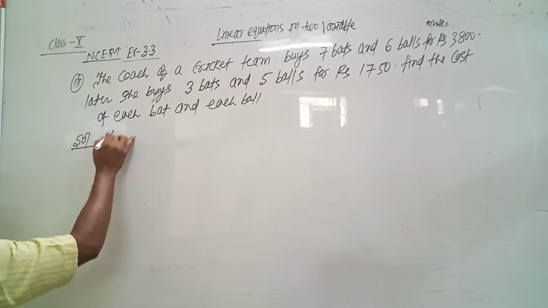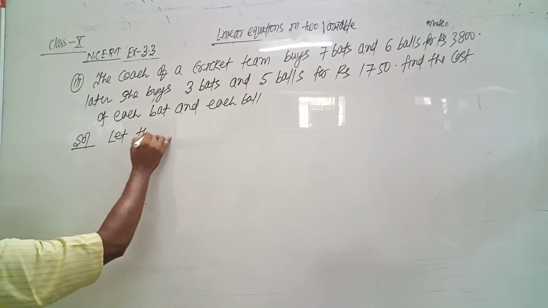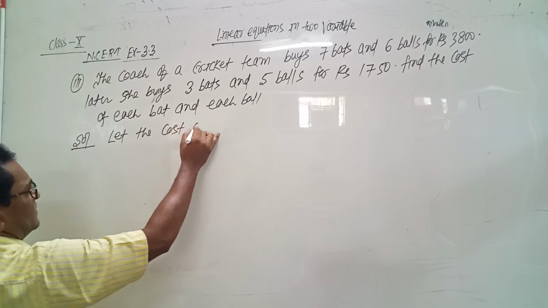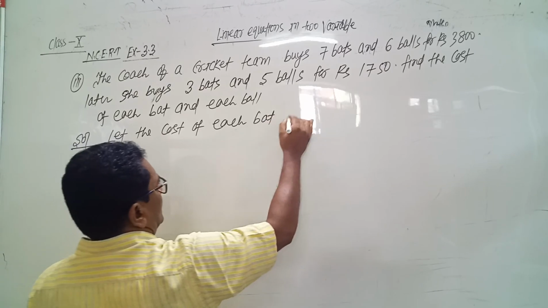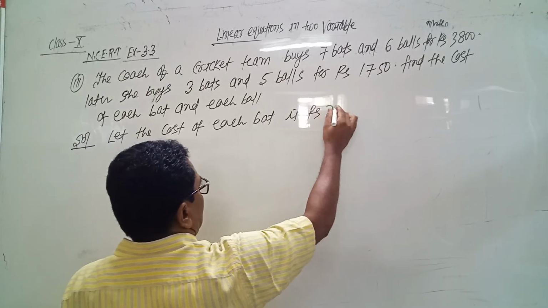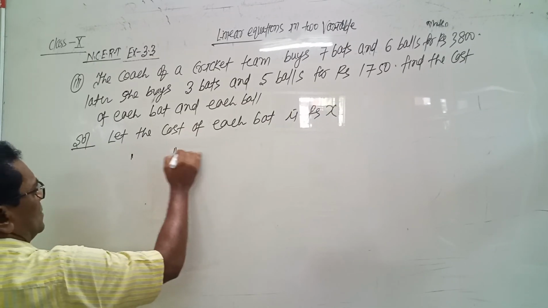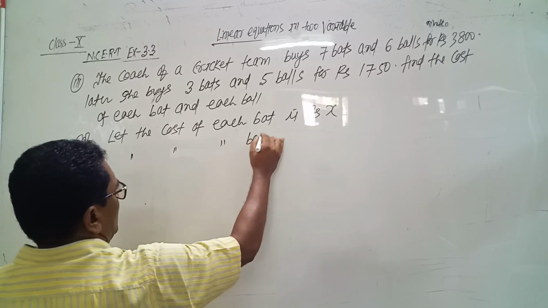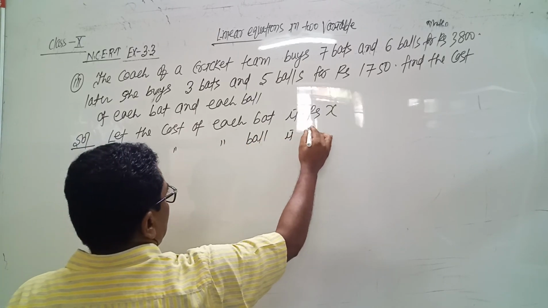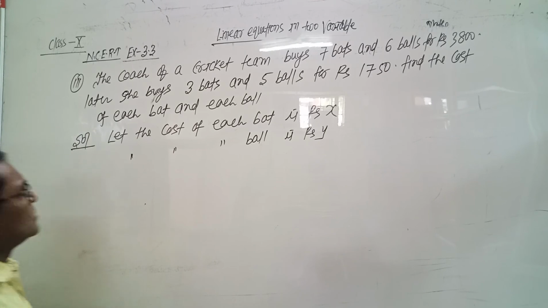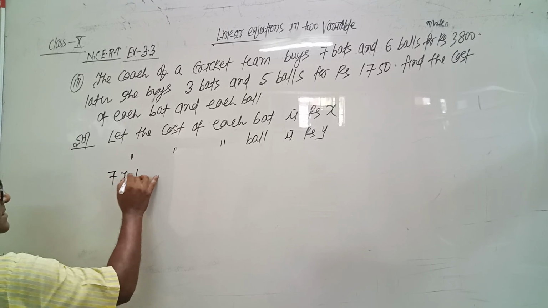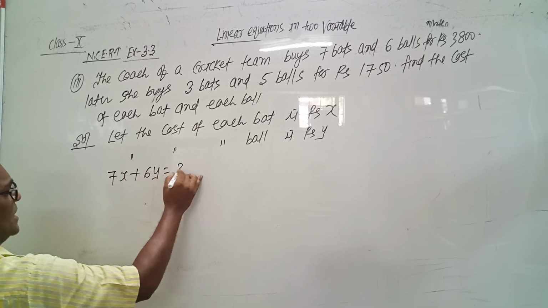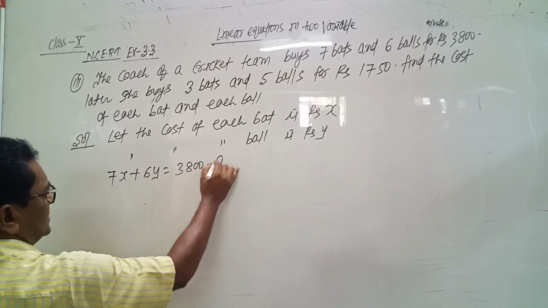So we suppose let the cost of each bat is rupees x and the cost of each ball is rupees y. So we have given the cost of 7 bats and 6 balls. So 7x plus 6y equals 3800, first equation.